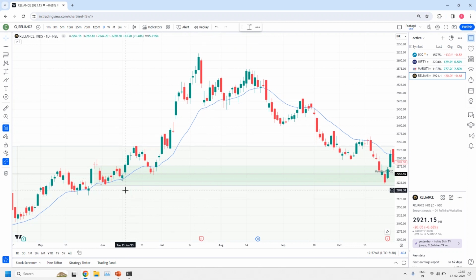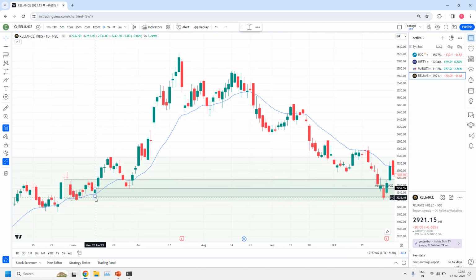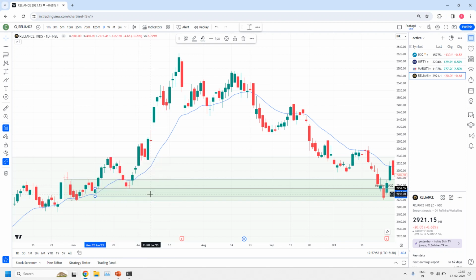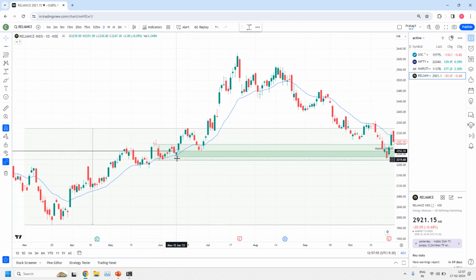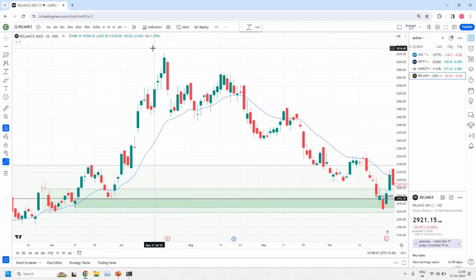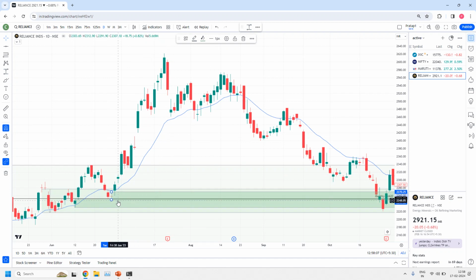Let me change the color to daily time frame. Daily demand zone. See, now this daily is inside. Now you may ask a question. See here, maybe here we can try another zone. Yes. But this is LOTL scenario.